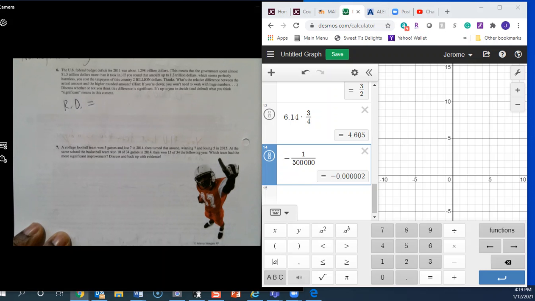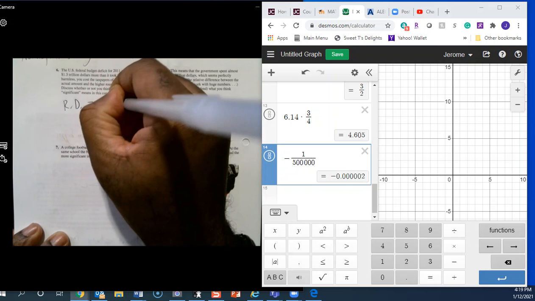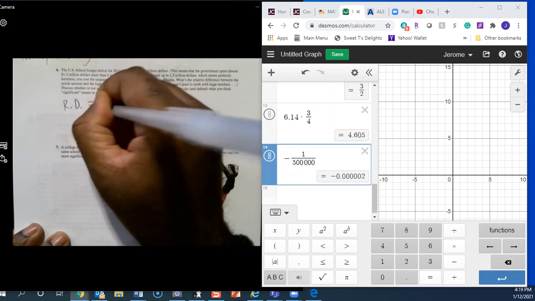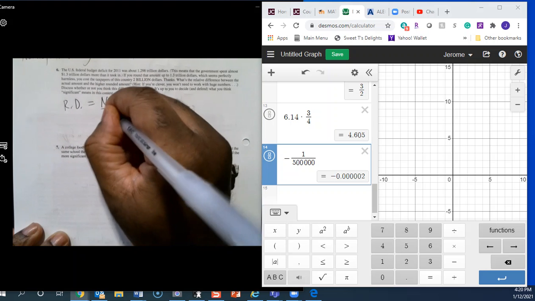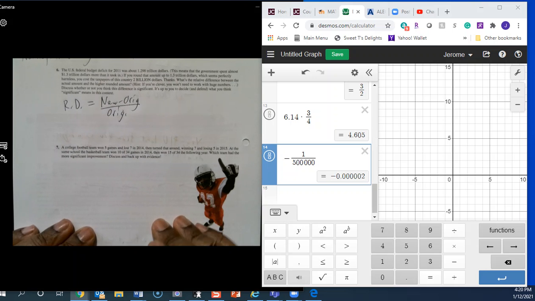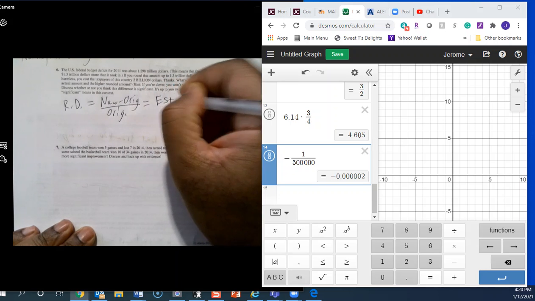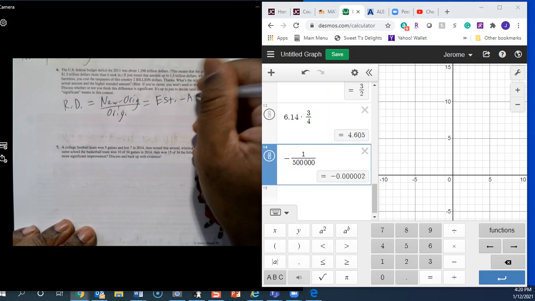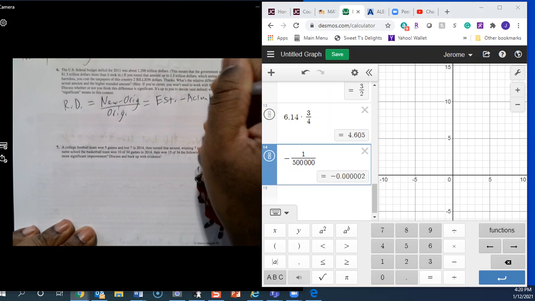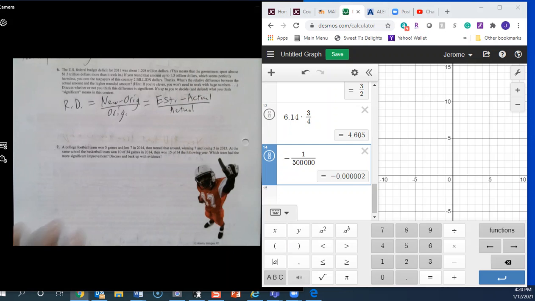And we know that formula is the new value minus the original value divided by the original value. Now, there's also another form of this formula. It's the estimate minus the actual divided by the actual. And I think this is the case here.